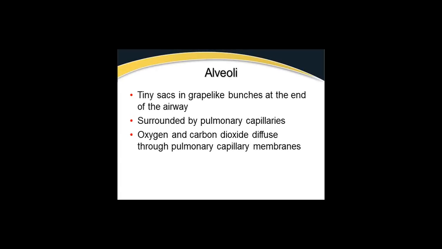The carbon dioxide says, I need to make more carbon dioxide in the alveoli, and the oxygen says, I need to make sure that there's more of me in the blood. And so that diffusion occurs. Interesting fact here: if you take out all of an adult's alveoli, break them open, and lay them out, they will cover at least half of a tennis court. That's how much surface area you have from the alveoli.